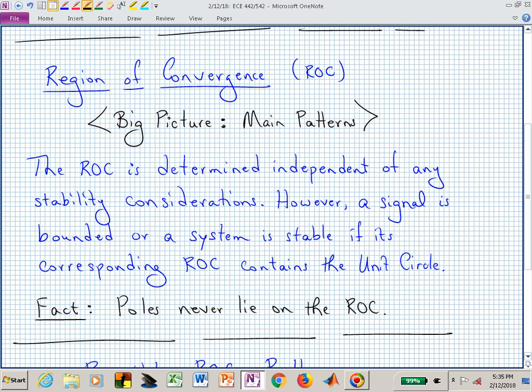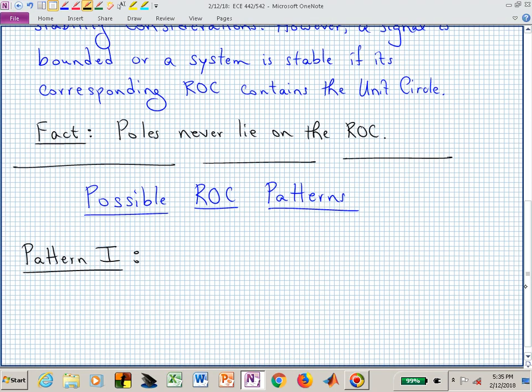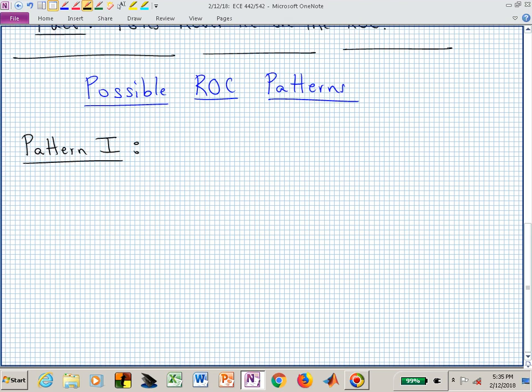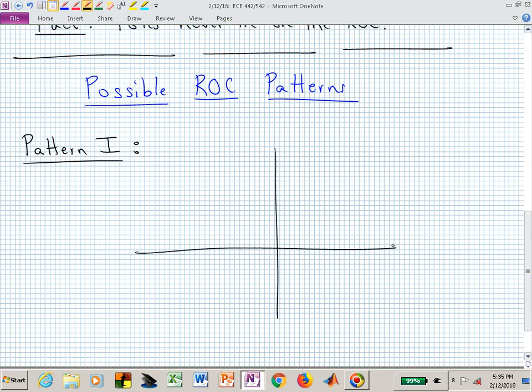Let's now look at what I'm classifying as 3 main patterns for these regions of convergence, and here is what I will designate as pattern number 1. This coordinate axis is in the frequency domain, the z-plane, and here is the real part of z and the imaginary part of z, which I may or may not label consistently.